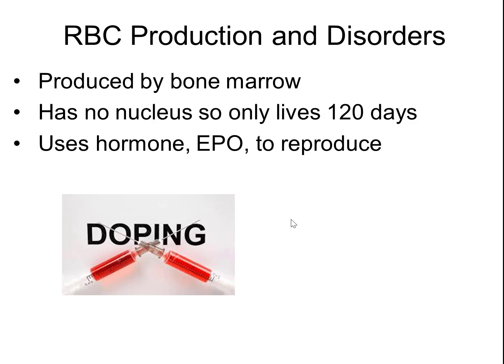In some particular cases, they can just inject EPO directly and increase their red blood cells. So again, this is called blood doping, and it's illegal. It became so common that the international agencies regulating sporting events, like for the Olympics, made doping illegal.